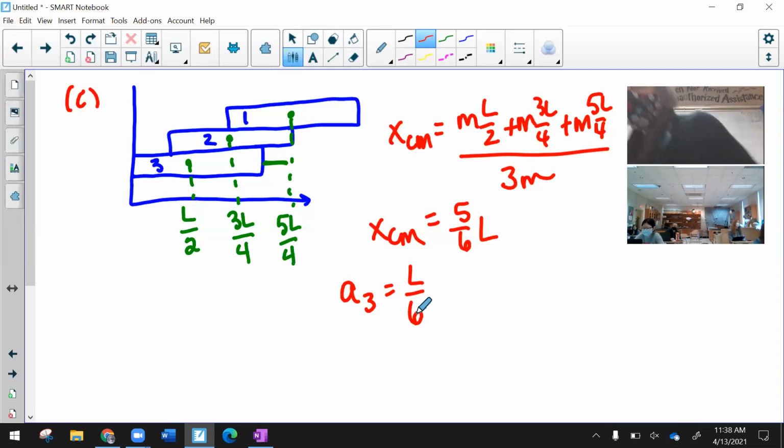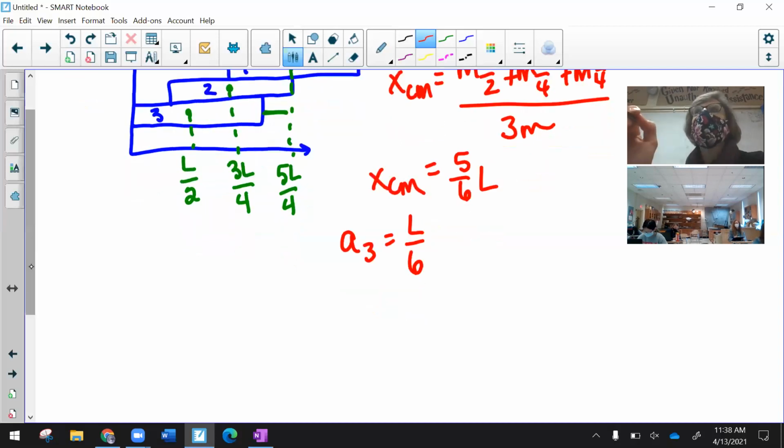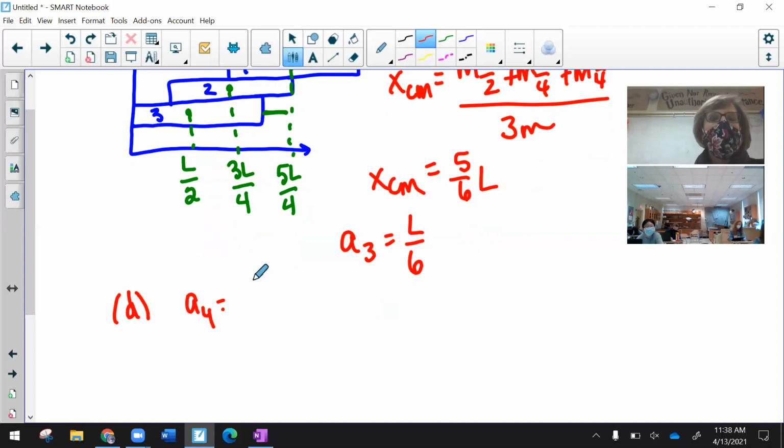All right, so for part D, we're going to do the same thing again. Anybody want to guess where the center of mass for that 4-block system is going to be? The center of mass is going to be at 7/8 L, so what I'm going to be able to have left over is L over 8. You can do it yourself, because I'm just kind of going through the math here, but the pattern holds up.